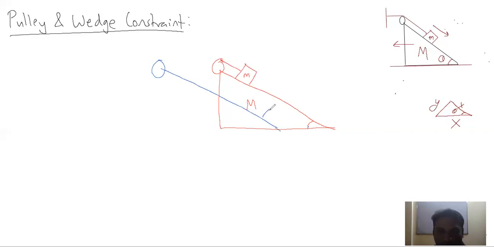The mass is now somewhere in a downward position, like this. So this is the new position of the wedge. In blue, I am showing the new position of the wedge. In red, I have shown the old position of the wedge. And this angle is theta, as we already discussed. So this angle will also come out to be theta.